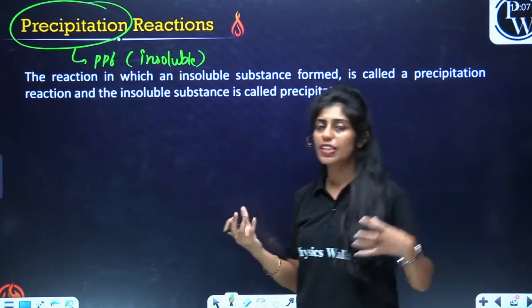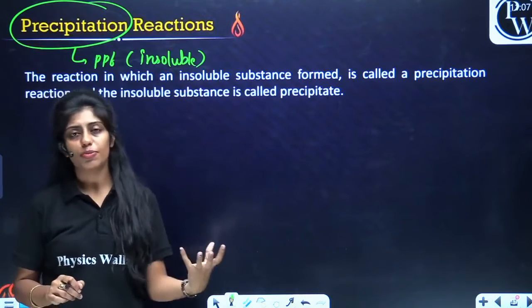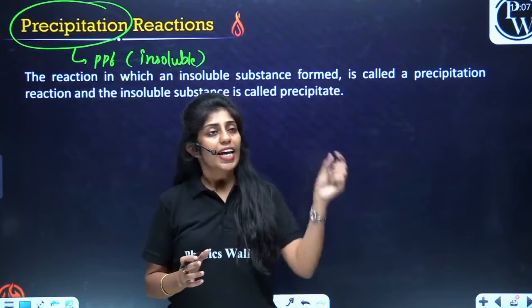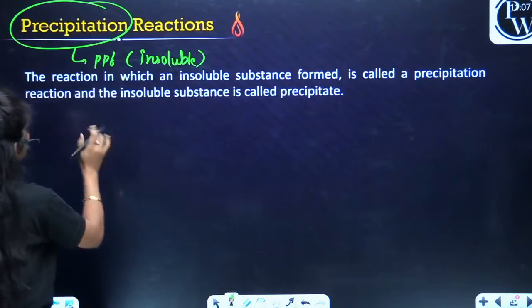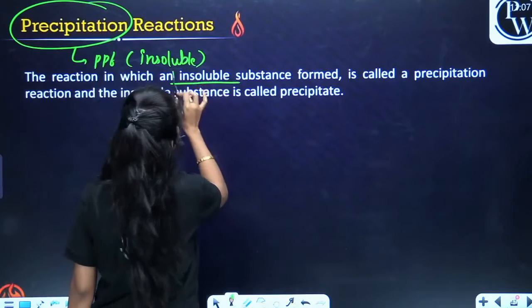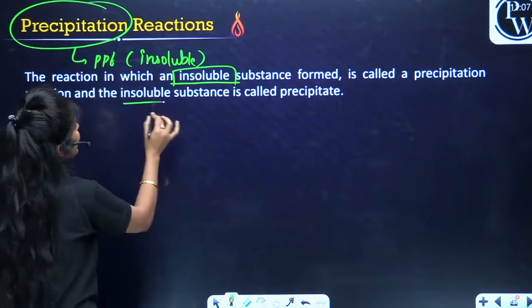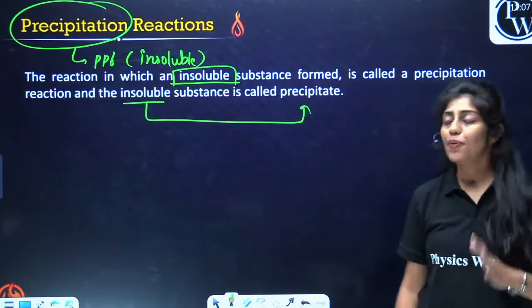During the reaction, one product is insoluble and that insoluble substance is known as precipitate. The reaction in which an insoluble substance is formed is called a precipitation reaction, and this insoluble substance is known as precipitate. Are we good with this?